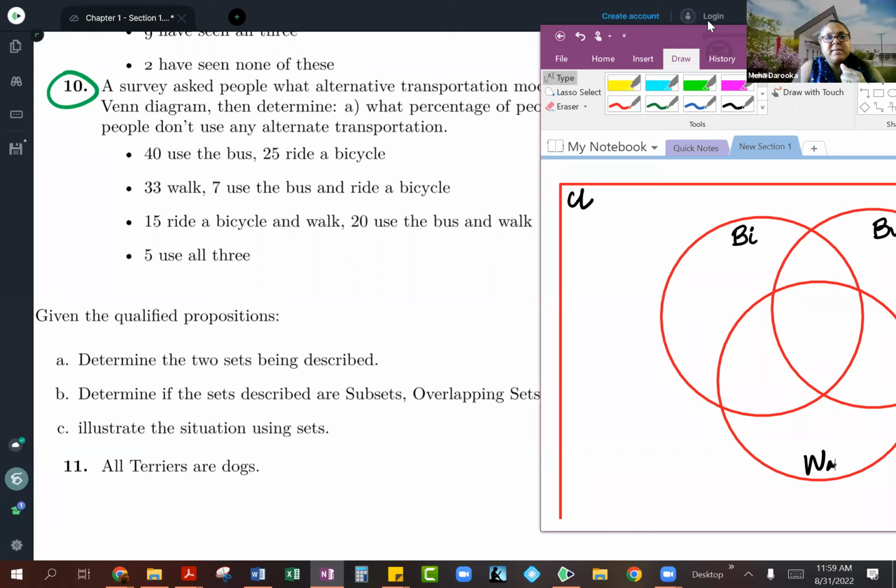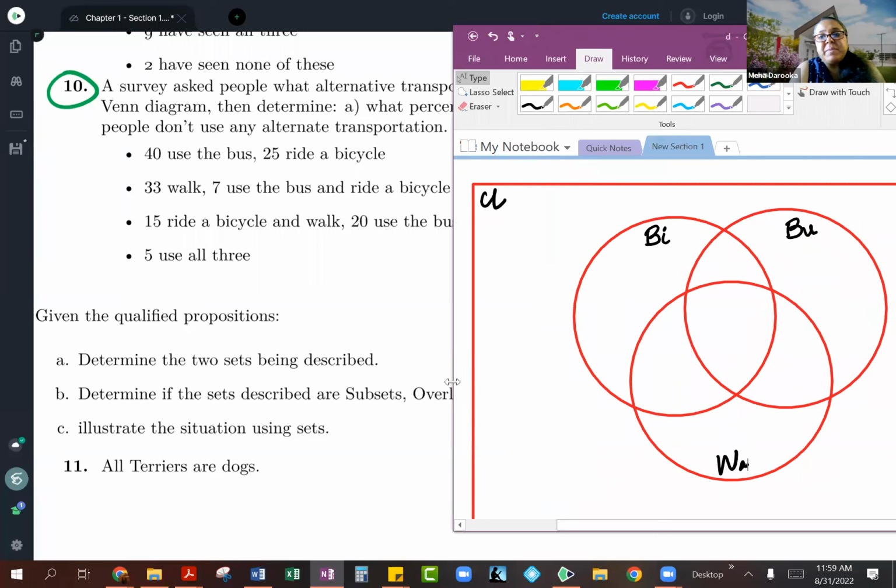Just under bus? So specifically, guys, since they are not telling us that this is only bus, that actually means 40 is going to be the total of all. So not universal either, because 40 is going to be all of these areas together. So the total for your bus should actually be 40, and the same thing for 25 who ride a bicycle.